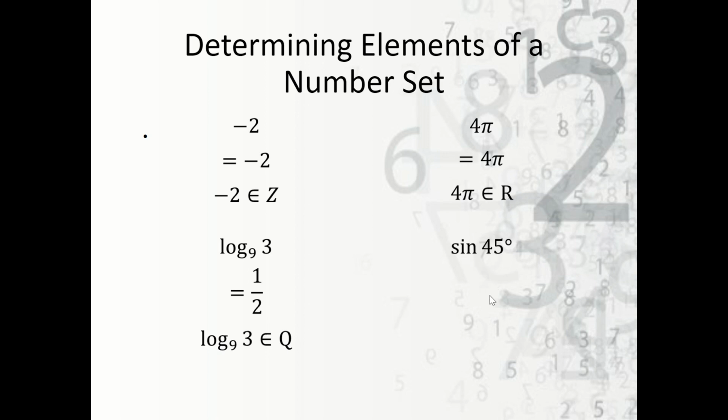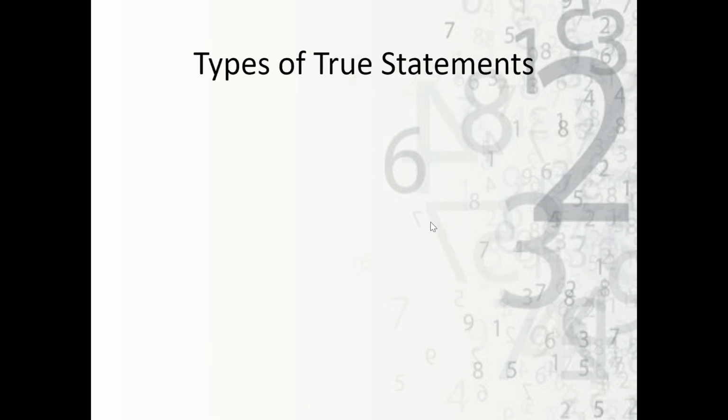Well, if we remember using our special right triangle, sine of 45 degrees is opposite over hypotenuse, and the opposite side would be 1, and the hypotenuse would be square root of 2, so it's 1 over square root of 2. Or when we rationalize the denominator, that's square root of 2 over 2. And notice we have a square root here that is not a perfect square, so therefore it is a real number, so this is contained in the reals.